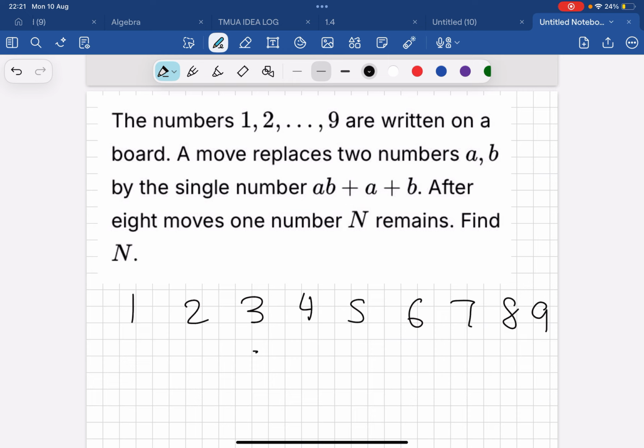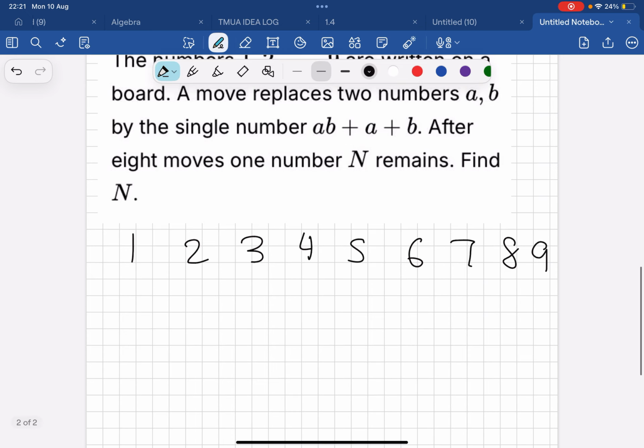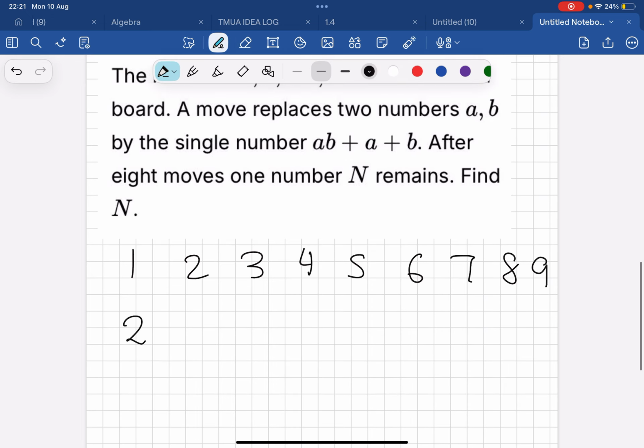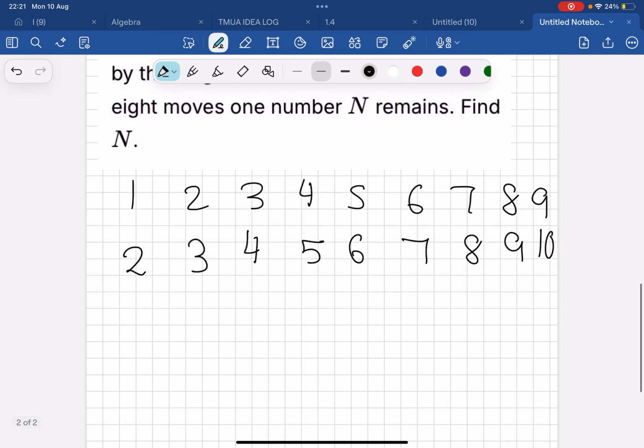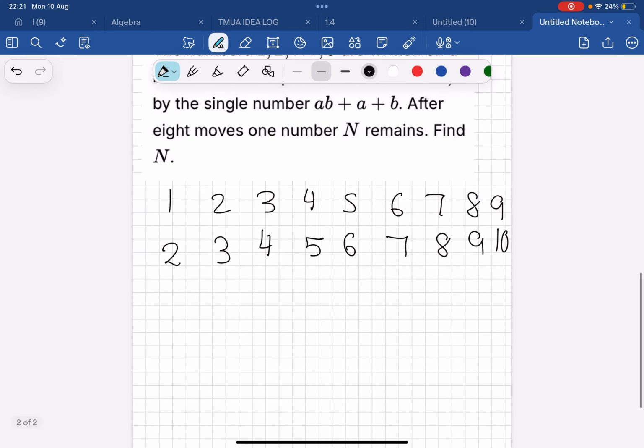Notice what would happen if we add just plus 1 to each term of the numbers 1 to 9. So now we've got 2 to 10. And you might think, why do we do that? Well, check out what happens if we add this same 1 to this property we've got here.